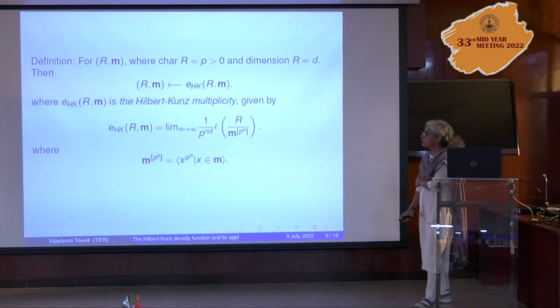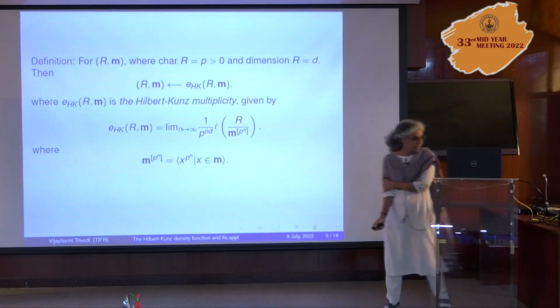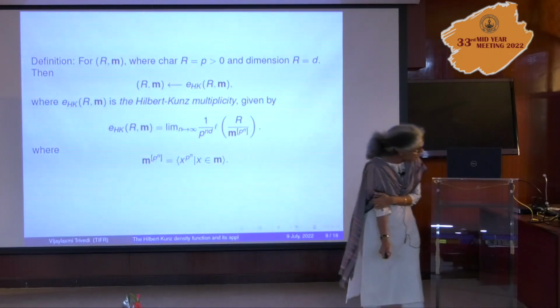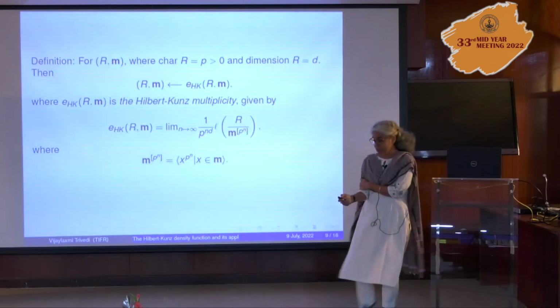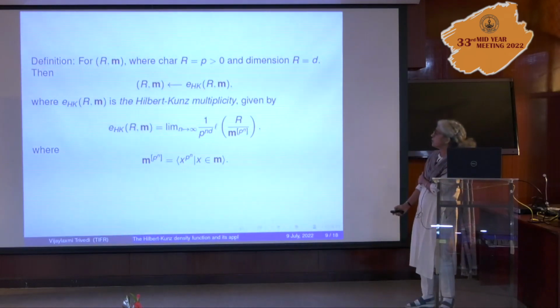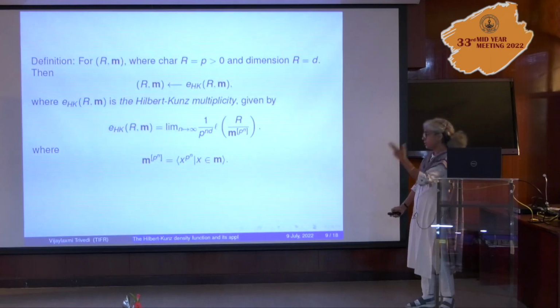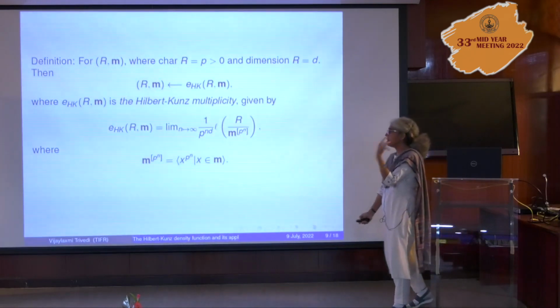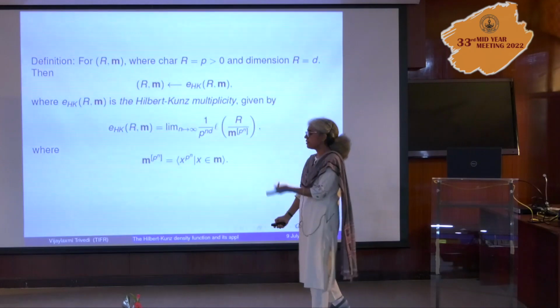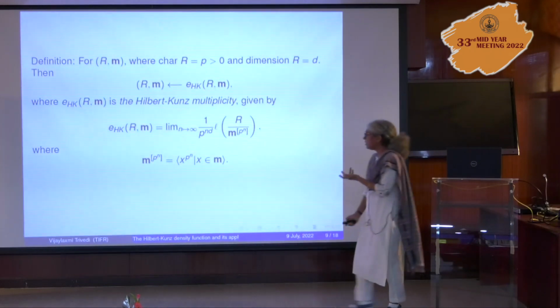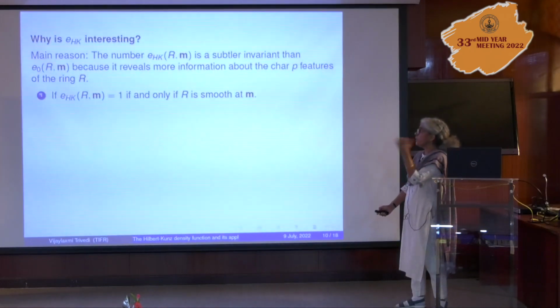So this has an interesting history, but I do not have much time, so I will not go into that. In the 60s it was proved the limit does not exist, and in the 80s it was proved that the limit actually exists, by number theorists, and then a whole new area started.